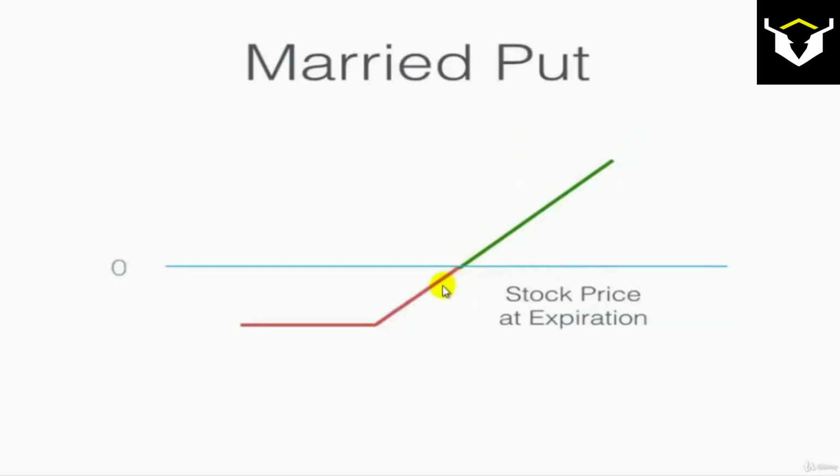If the market were to fall suddenly to the downside, towards zero, you will suffer loss to a certain extent, but after that your loss will be limited to that point. Beyond that, you will not suffer any kind of loss. So a married put will help you keep your profits intact.